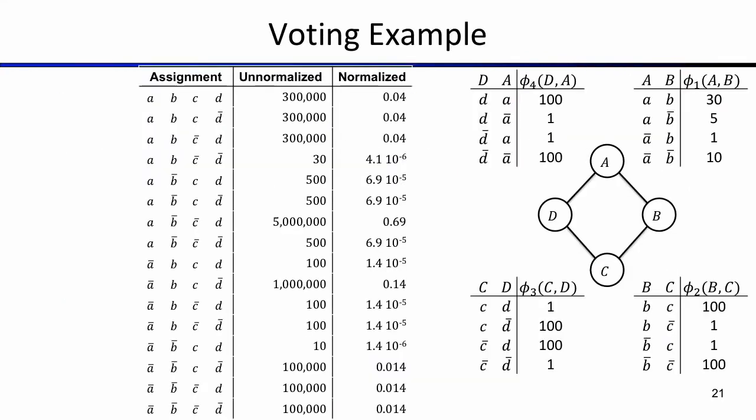Just to make it a little more concrete, we can look at the voltage example again, and this is how we defined the voltage example with those factors with numbers between 1 and 100. If you want to compute that in terms of energy functions, we can simply compute the minus log of those numbers.